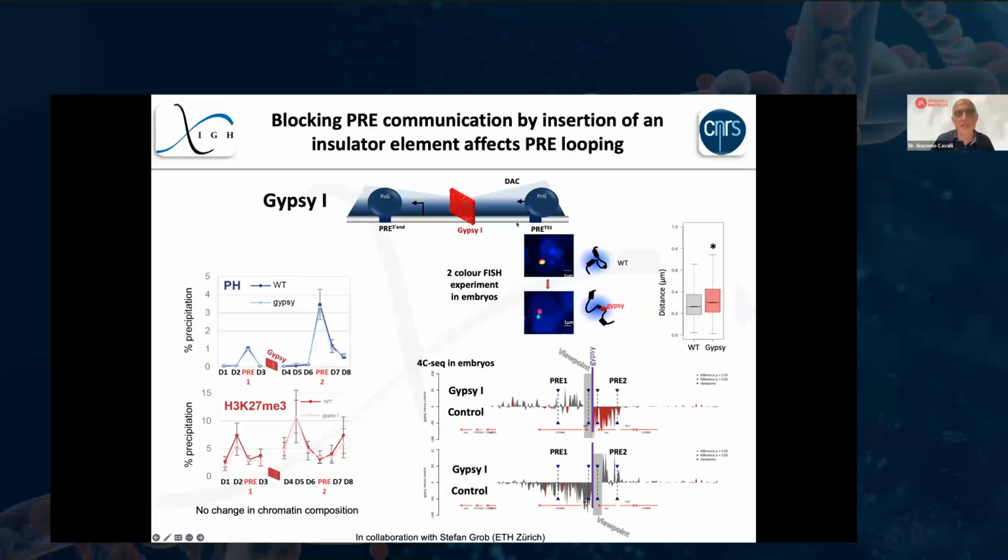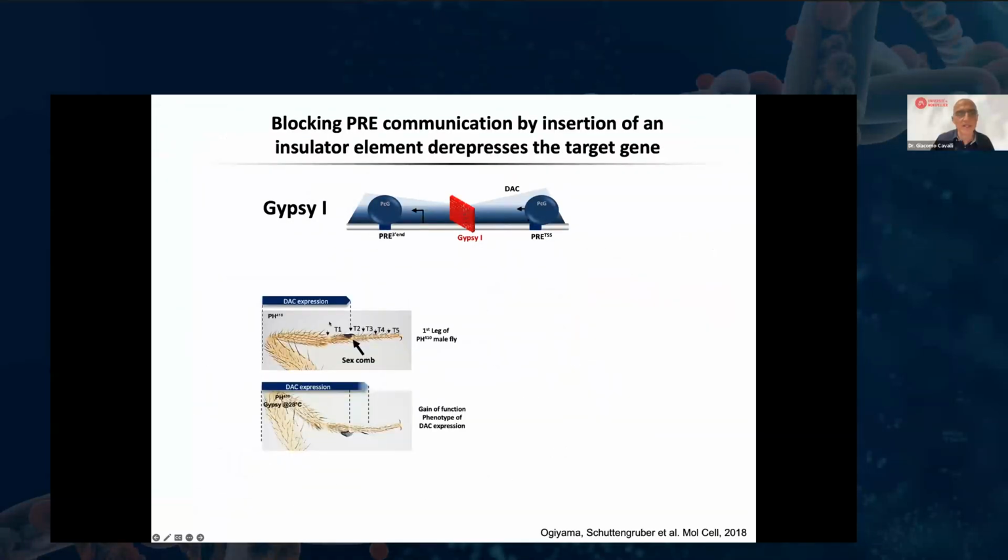Actually there's a gene here, in this region of the locus, which is an important gene for leg morphogenesis. In particular, this gene is normally expressed in the proximal part of the leg, and it's important for the formation of this little structure here, which is, however, an important sexual trait of Drosophila males.